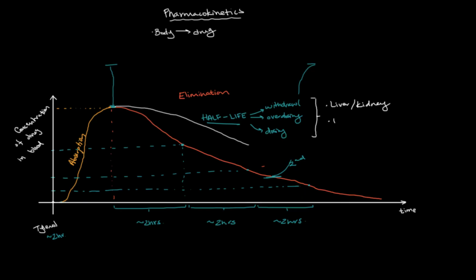And then the other important consideration is drug interactions. And so some drugs are removed by the same organ. So a good example of this is Tylenol and alcohol. Both of these drugs are removed by the liver.